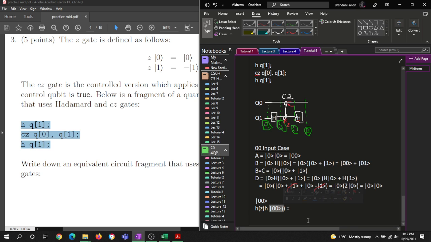Oh wait, no, sorry. We only need to apply it to the bottom bit, because we're dealing with the bottom bit. I guess this wouldn't necessarily account for phase kickback if I'm doing it this way. Hold on, sorry, let me think about this, because the way I did it might not have factored in phase kickback between both. Definitely this way did.